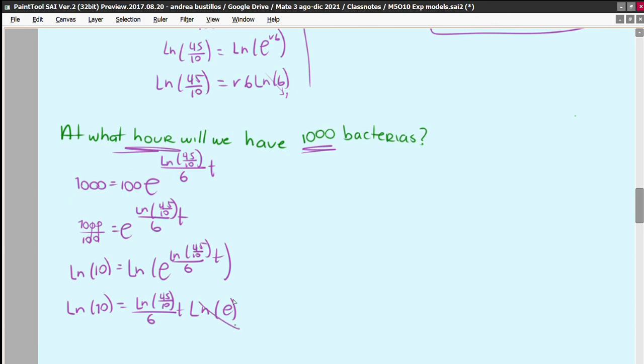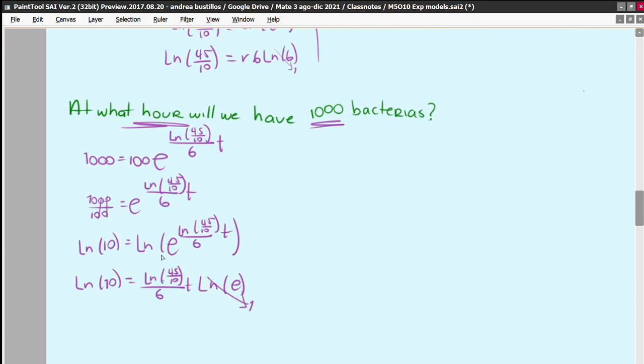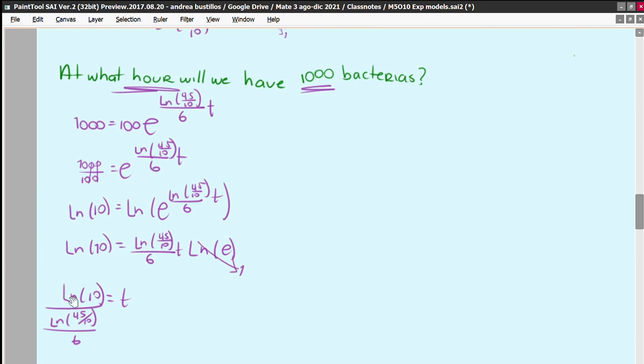As usual, this is 1. So if I want to solve for t, this is ln of 10 equals, I'm going to pass this entire term dividing, so this is ln of 45 over 10 over 6. So this is the time when we will have 1,000 bacteria.